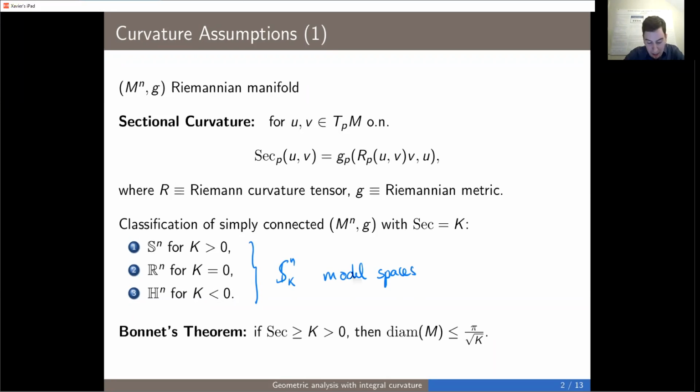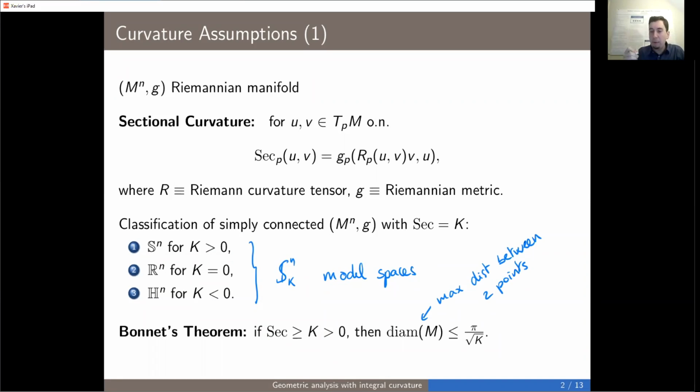Bonnet's theorem says that if you have a manifold whose sectional curvature is bigger or equal than k, for k positive, so a manifold that has positive sectional curvature, in particular bigger than the sectional curvature of a sphere, then the diameter of your manifold, by diameter I mean the maximum distance between 2 points, is going to be smaller or equal than pi over square root k.